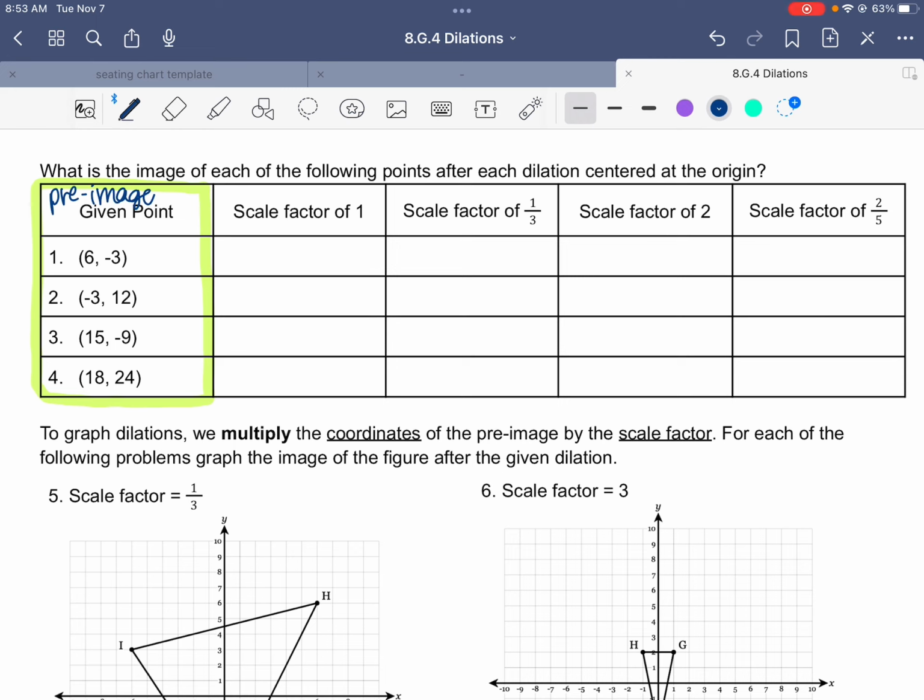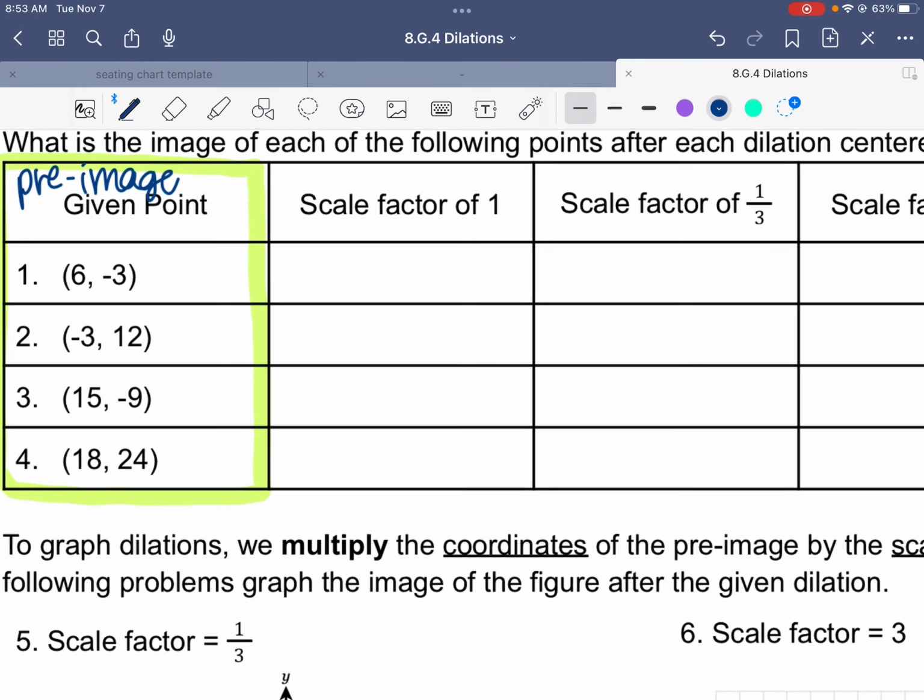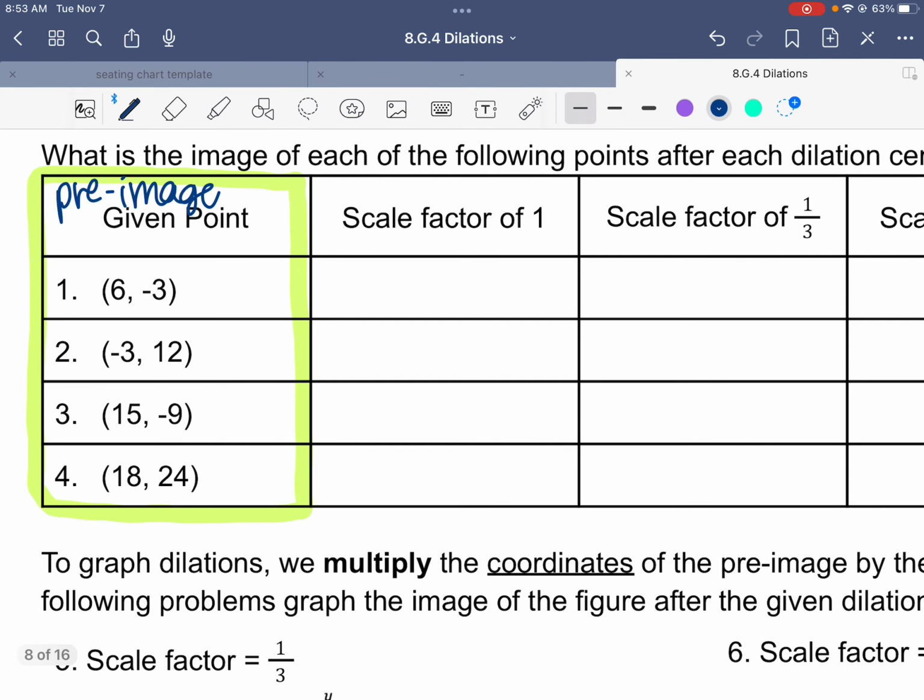So our first point that we're starting with is 6, -3. To apply a scale factor to a given point, we multiply each coordinate times the scale factor. So on number 1, our coordinate is 6, -3. To find the image coordinates, we're going to multiply both coordinates times the scale factor.